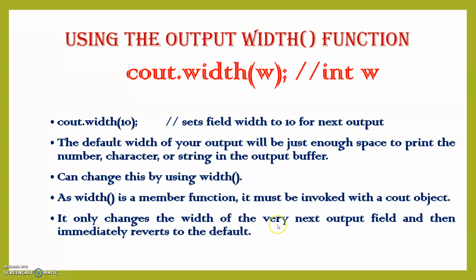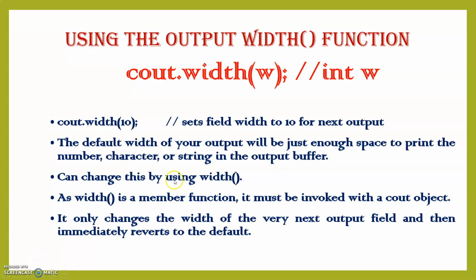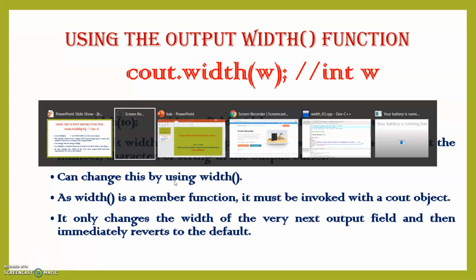So it only changes the width for the next output field, and then immediately it will revert back to the default settings, which reserve only the space on the screen which is required to print that particular number, character or string which is available in the output buffer. So let us have a practical related to this one.